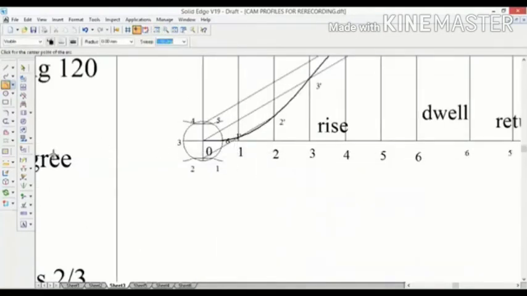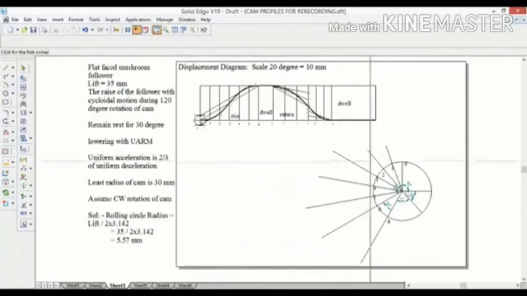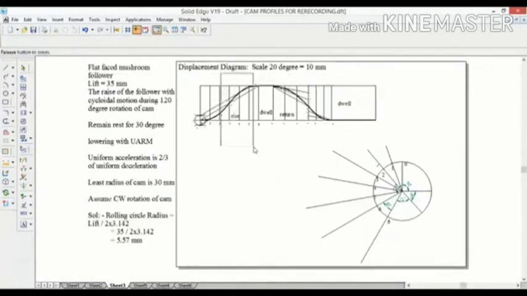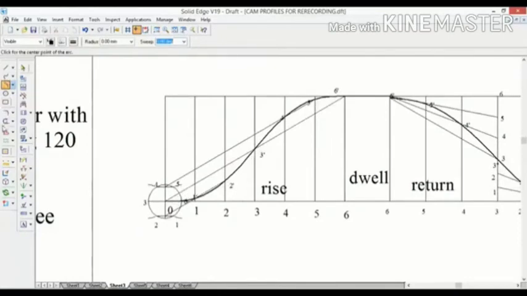Measure similarly 2 to 2 dash using the compass, keep the compass at 2 and measure to this 2 dash. Similarly 3 to 3 dash, take the measurement using the compass, keep the compass leg at 3 and touch this 3 dash.